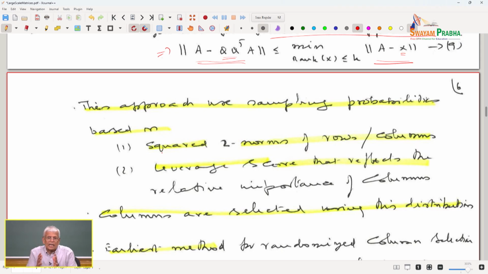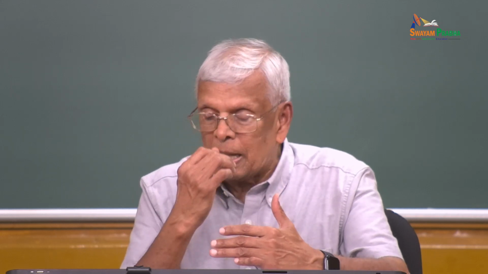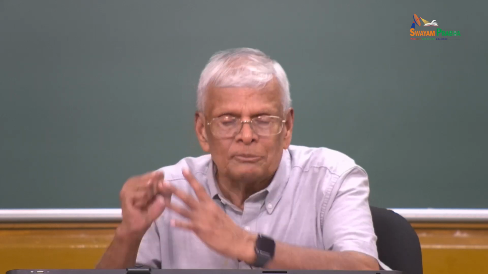Now, please understand, why are we interested in going from random sampling to column sampling? Because the range space is simply linear combinations of the columns of A. So, I would like to be able to find the best subset of k columns that can approximate the subspace I am seeking.